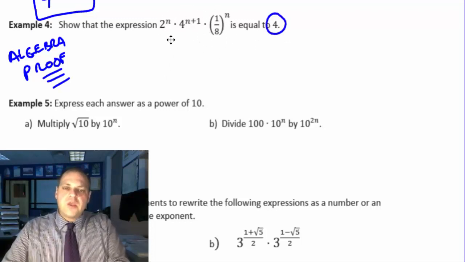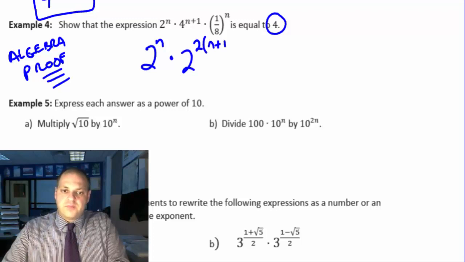So this should come out to be 4. 2 to the n times 4 to the n plus 1. Well, we're going to get a common base here. Right now I don't have a common base. 4 can be made as 2 squared. So what we're going to do is make this 2 to the n times 2 to the 2n plus 1.